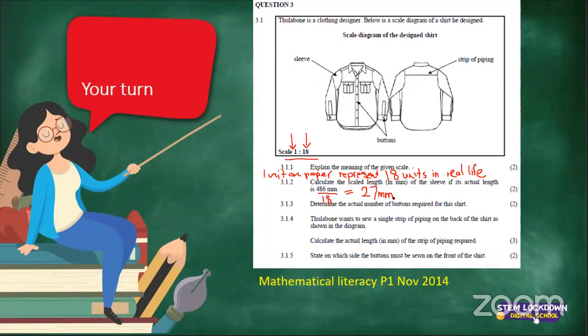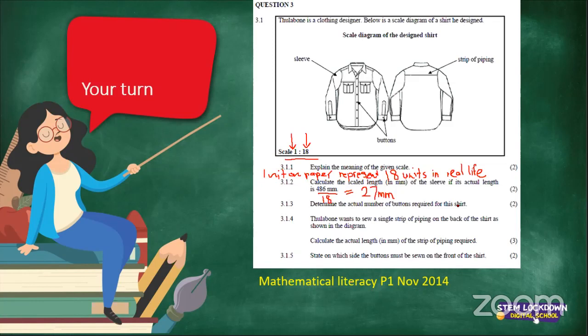Number 3, determine the actual number of buttons required for the shirt. How many buttons are required for the shirt? This one is actually easy. Only count the buttons that you can see, not the ones you cannot see.